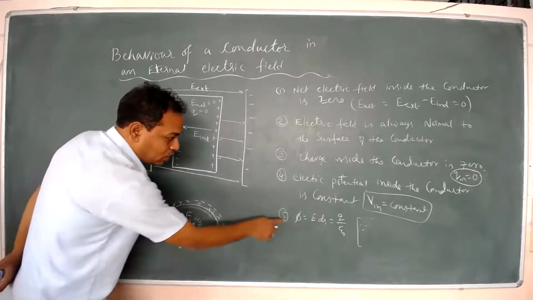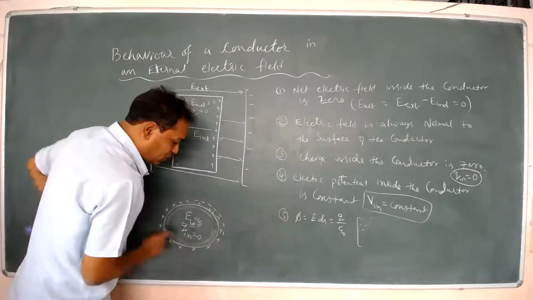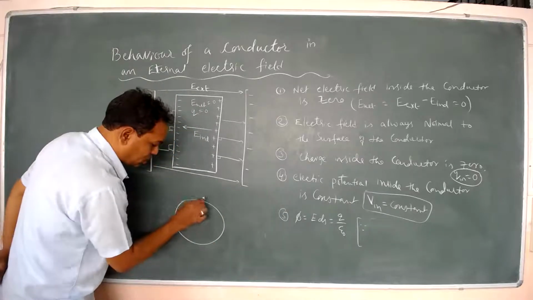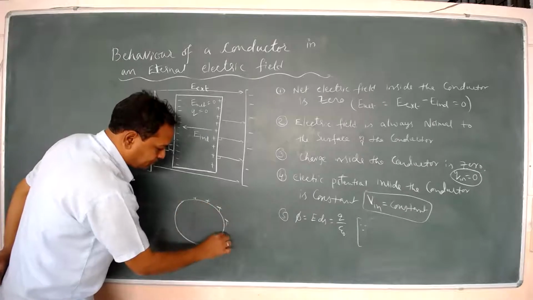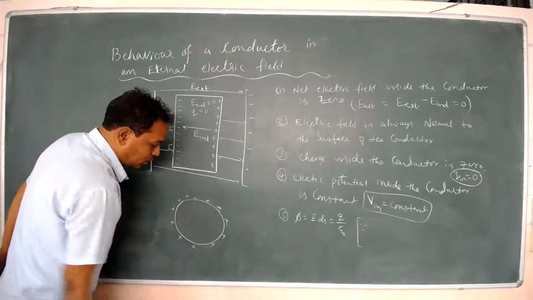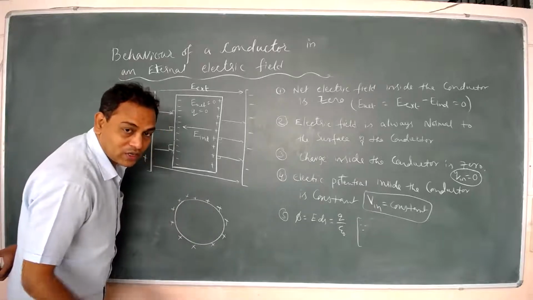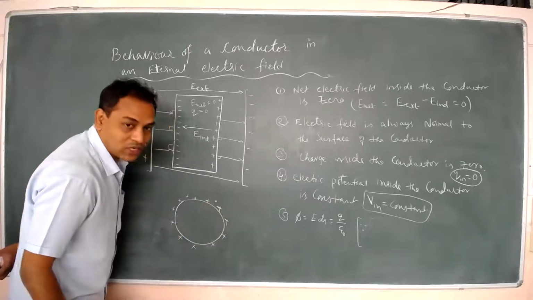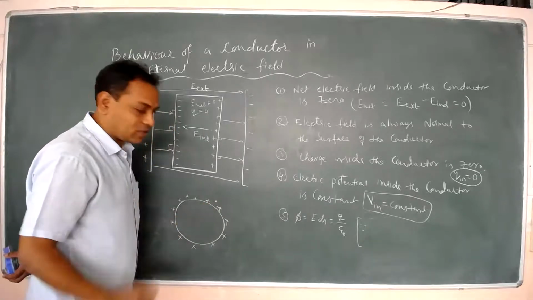Here I wish to calculate the electric field intensity. Suppose this is the conductor, and I wish to calculate the electric field intensity just outside the surface, at this point.